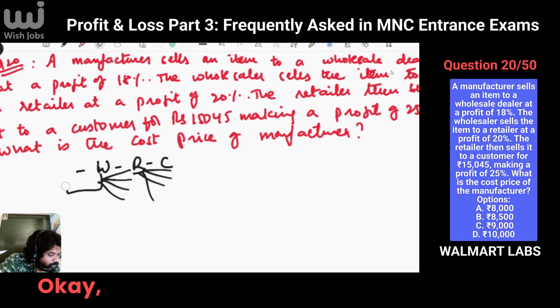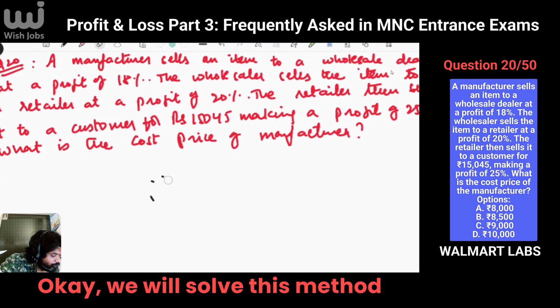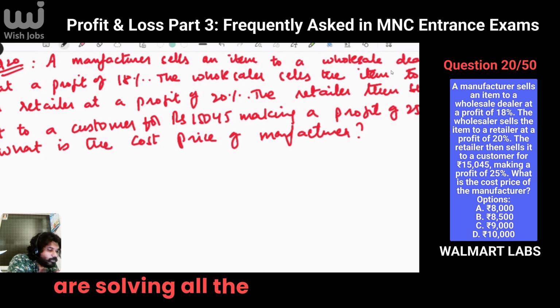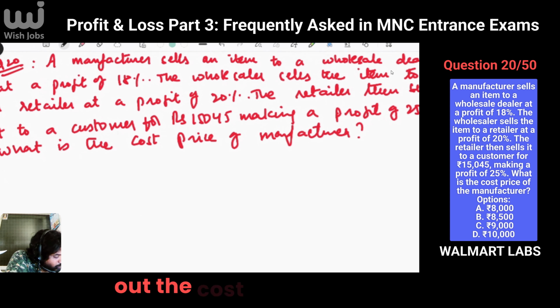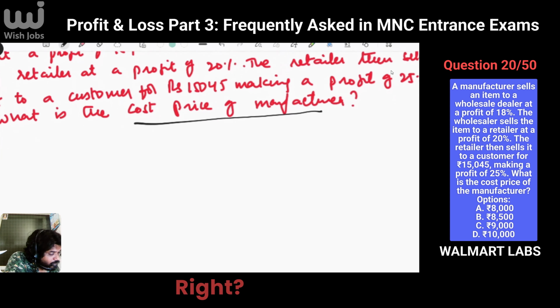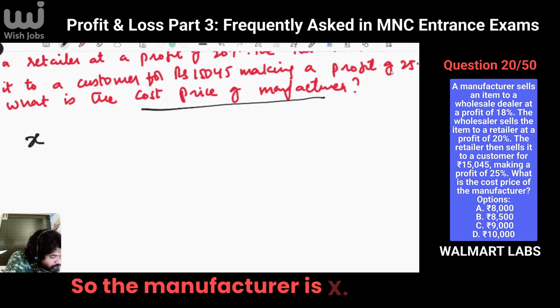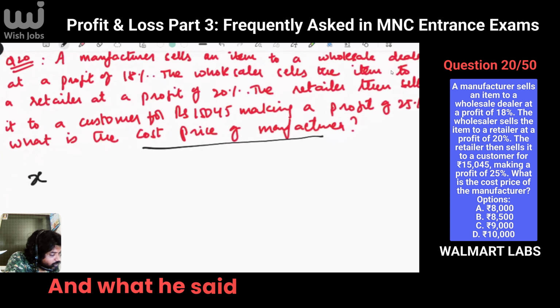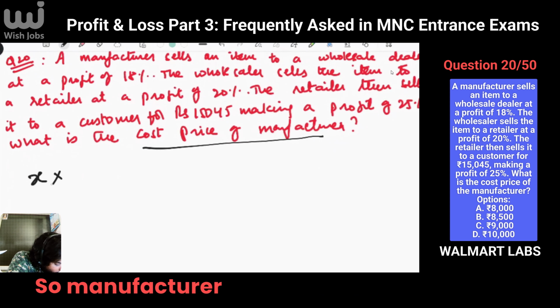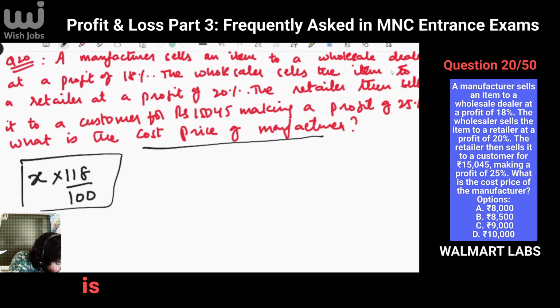We will solve this in a similar way to how we are solving all the problems. First we need to find out the cost price of the manufacturer. So the manufacturer's price is X, and it is said the manufacturer sells an item to a wholesale dealer at a profit of 18%. So manufacturer price into 118% is the amount at which he is selling to the wholesaler.